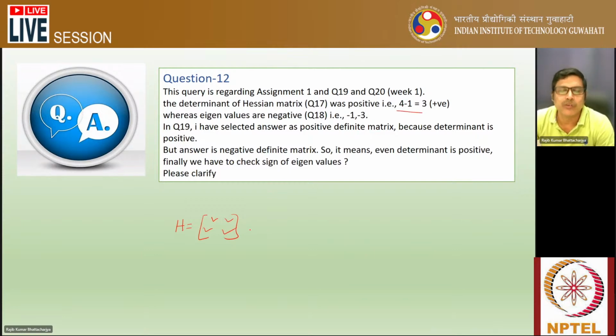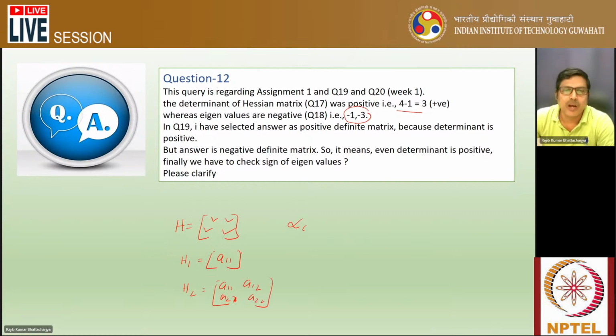To check whether it is positive definite, you calculate the eigenvalues. Eigenvalues are negative here, so this is a negative definite matrix. Or you can calculate H1, the first element A11, and H2, which is the determinant of A11, A12, A21, and A22.